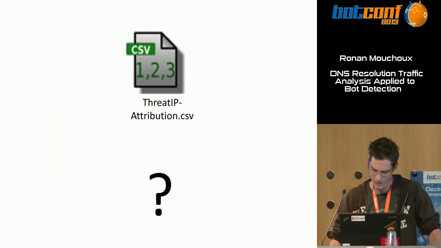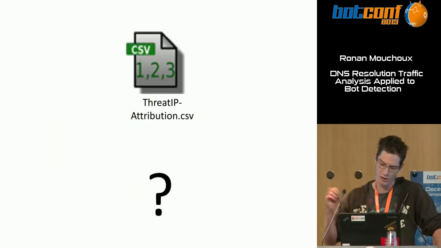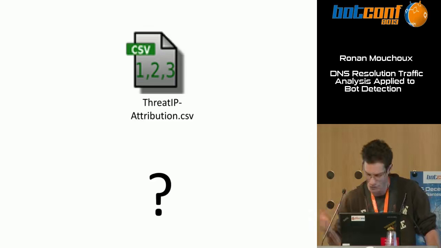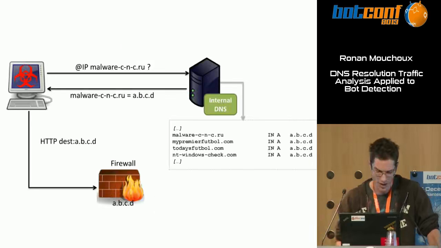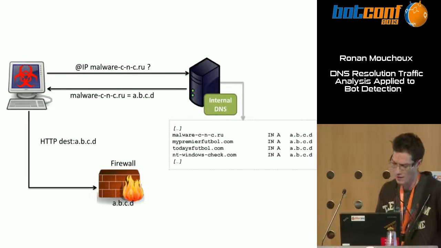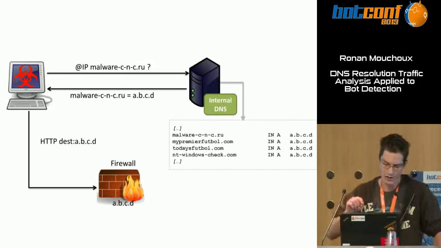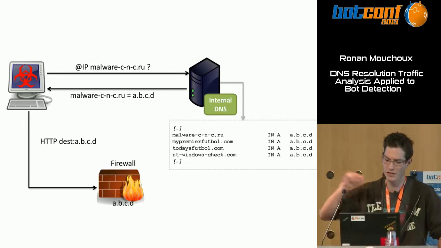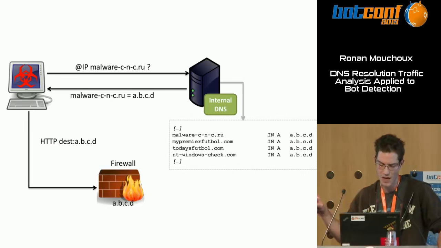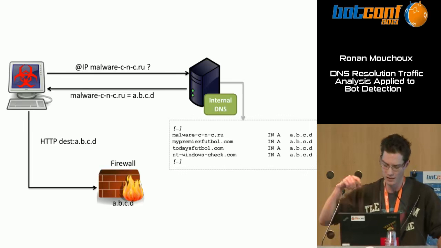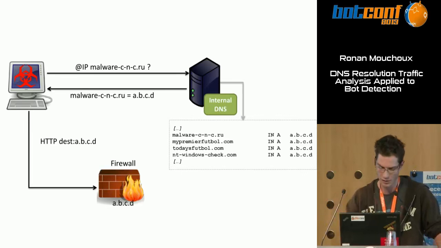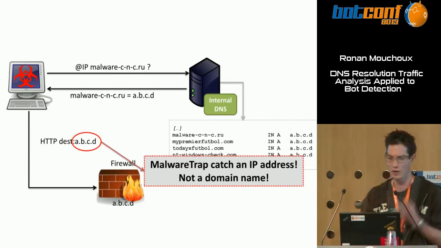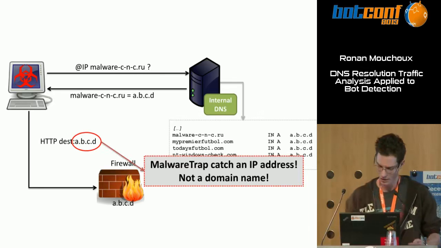So one of the CSV files was to do an attribution between an IP address and a threat. Why do that? Because remember the basic concept: the infected computer asks the DNS for the IP address of the CNC, and then it contacts domain trap with an IP address. So we lose the information, the link between the domain name and the threat.